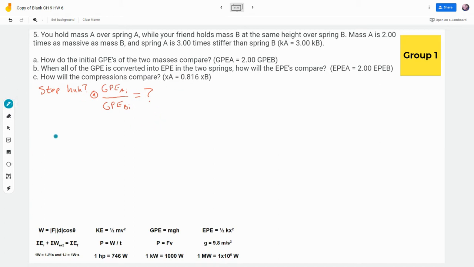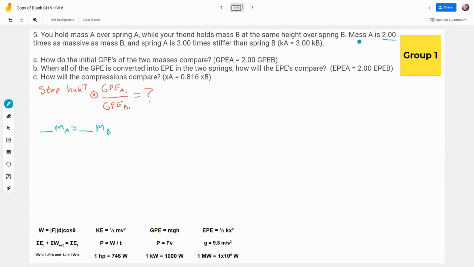So we know something about the masses. How does mass A relate to mass B? Mass A is 2 times as massive as mass B, so the number is 2. I'm going to keep the 0.00 for reasons of significant figures.